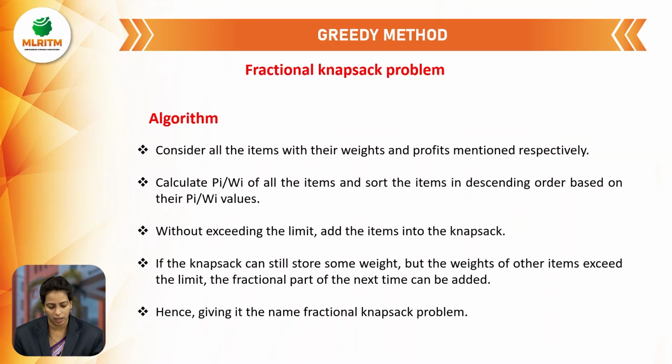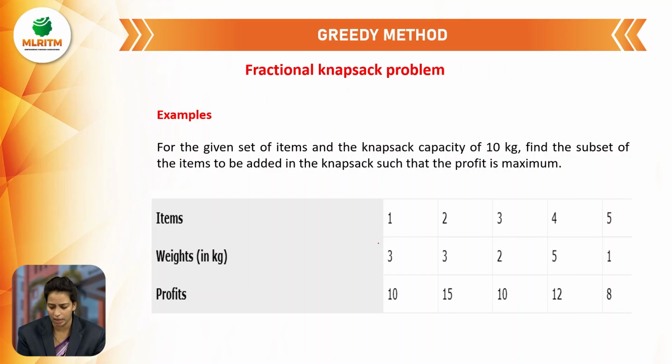Let us consider an example. In this example we consider a total of 5 objects or 5 items. Each and every item has two properties: first one is weight and second one is profit. First item weight is 3 kgs, profit is 10.